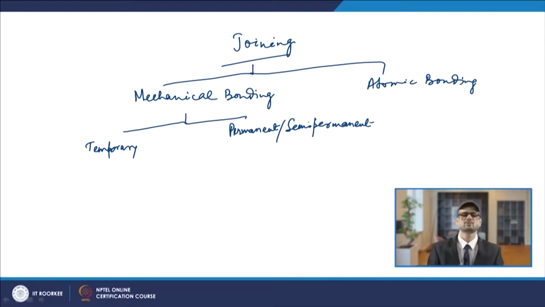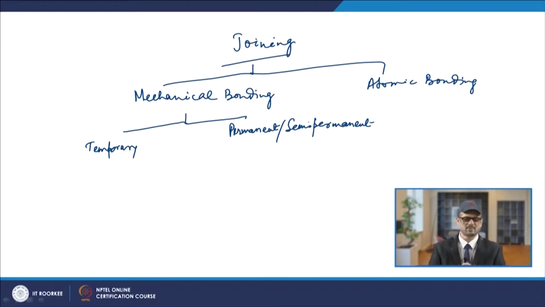What does temporary joint mean? It means that whenever you feel, you can take the two pieces which you have joined and separate them, and the medium with which it is joined also remains intact. Normally you have nut and bolt joint. These are examples of temporary joint.